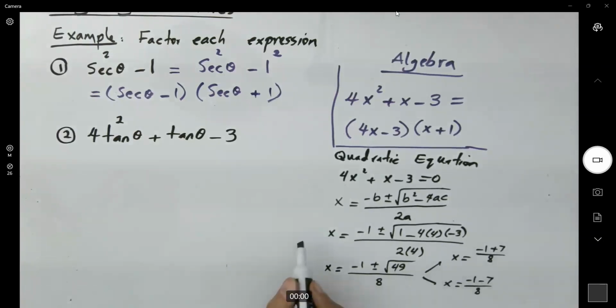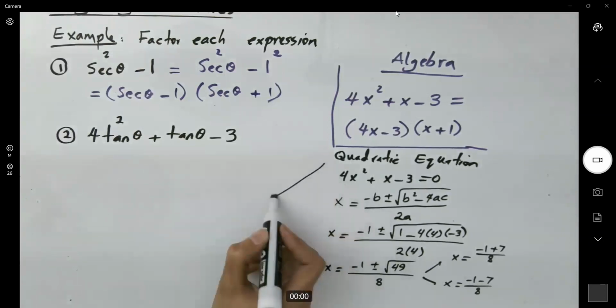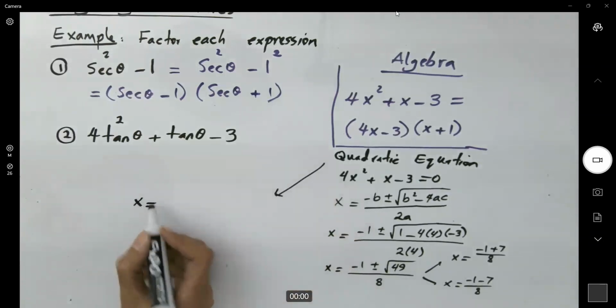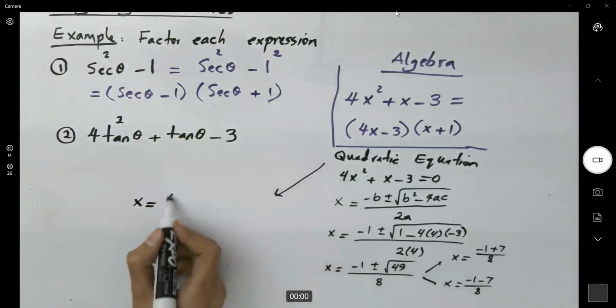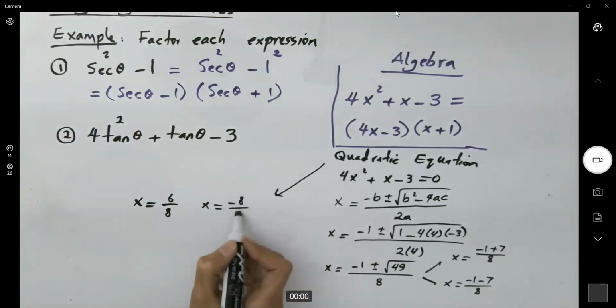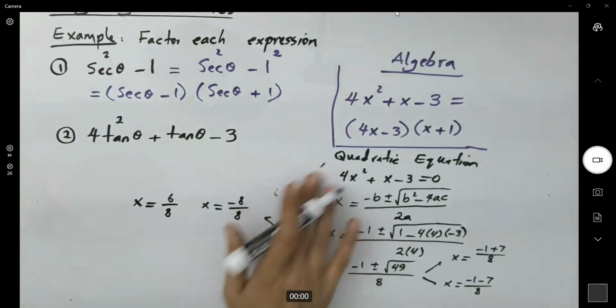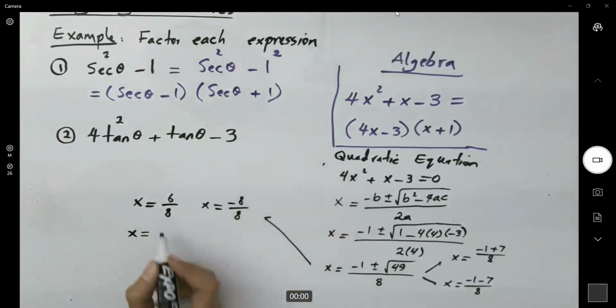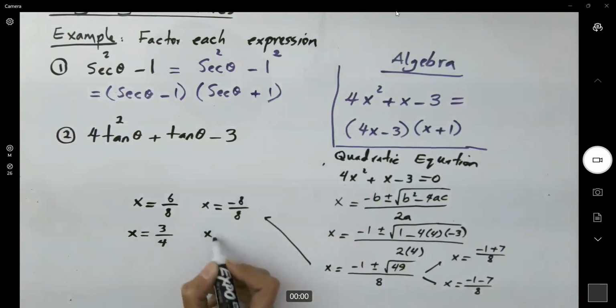So take a look at this now. x is equal to 6 divided by 8, and x is equal to -8 over 8. x is 3/4, x is -1.